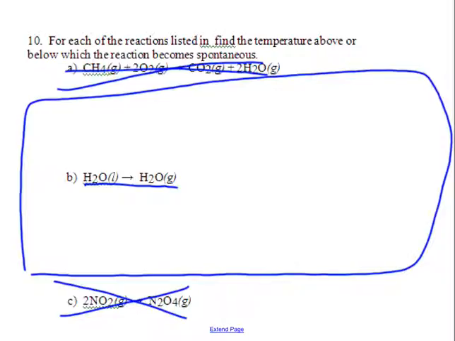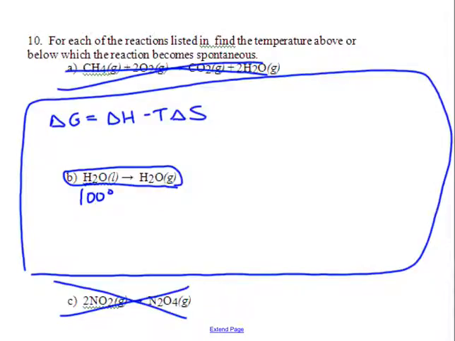Put 0 in for delta G, and we're going to solve. Does anybody have anything to say about this before we do it, though? Wouldn't it just be 100 degrees Celsius? This is vaporization, right? Well, we're going to prove it. See how close we're going to get.